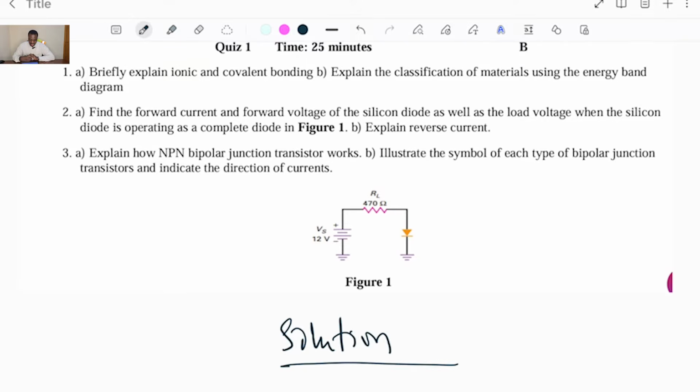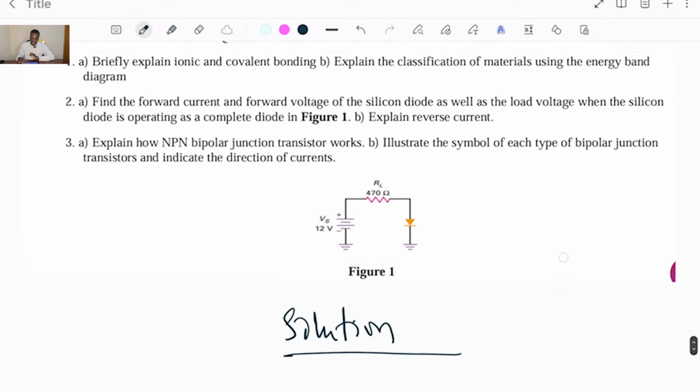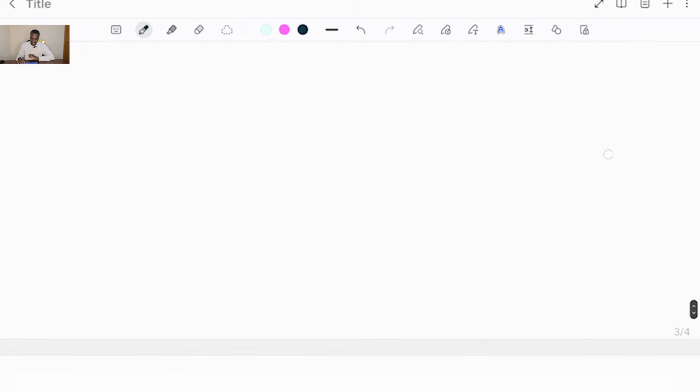Now, moving on to question 1B. Explain the classification of materials using the energy band diagram. So we know that when it comes to the energy band diagram, we have about 3 different bands. We have the filled band, the valence band, and the conduction band, right?